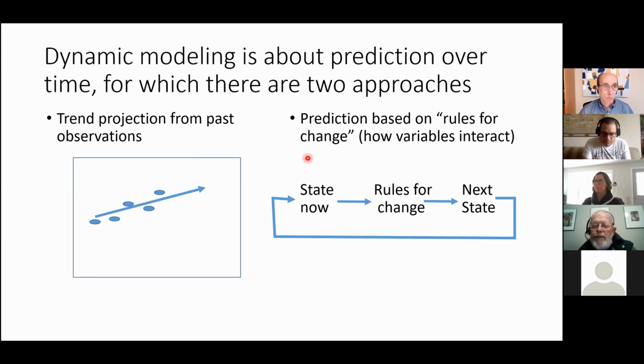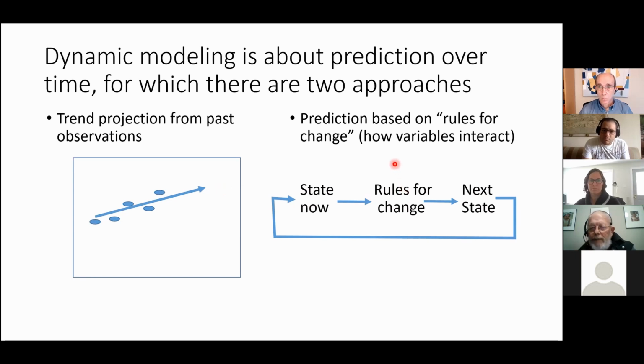And people have known this for a long time. So what we've generally tried to do is to change over to this other basic way of thinking about prediction, which is to think about it as starting with the state of a system now, constructing rules for how the state should affect the change in the system, use those rules to predict a short time into the future to the next state of the system, then circle back or loop, as we say, to make that next state the state now, and then apply the same rules for change, but with a different value for the state, so that we predict cumulative change over time using a set of rules that we think are reasonable for any short period of time, but that may not apply cumulatively over longer periods of time.